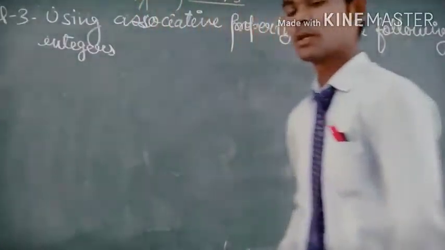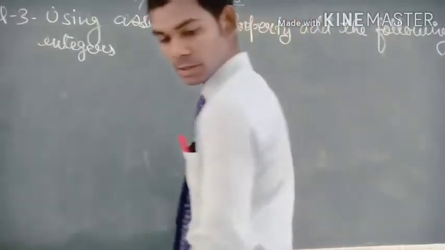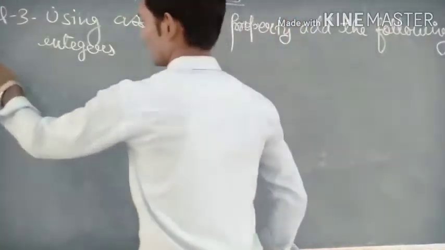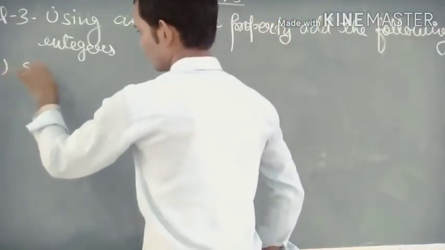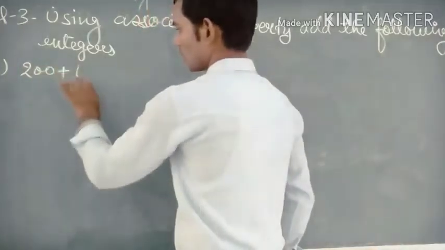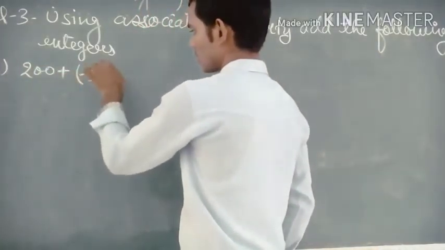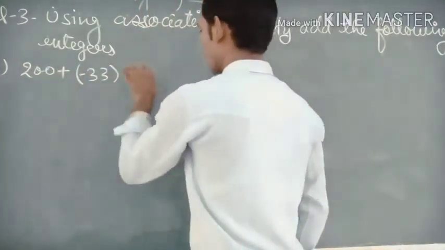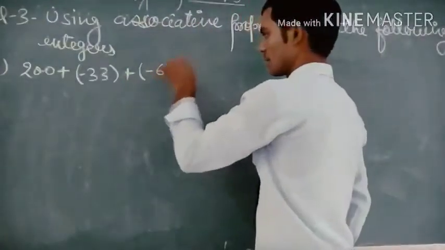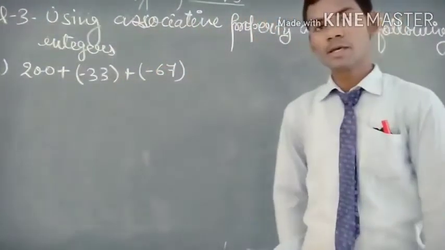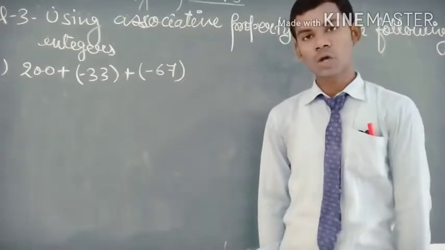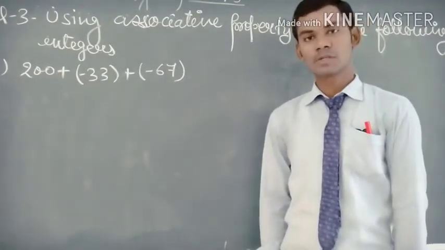So student, here the given question is 200 plus minus 33 plus minus 67, and here we have to solve this using associative property.